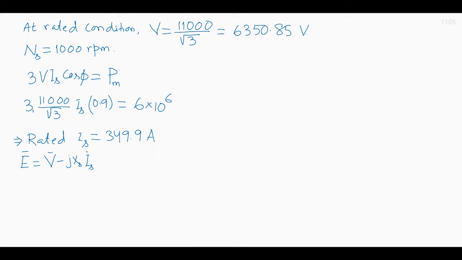The per phase voltage 6350.85 is always the reference phasor, minus XS, given as 9 ohm, so reactance drop of 9 times the rated current 349.9 ampere at angle cos inverse of 0.9.